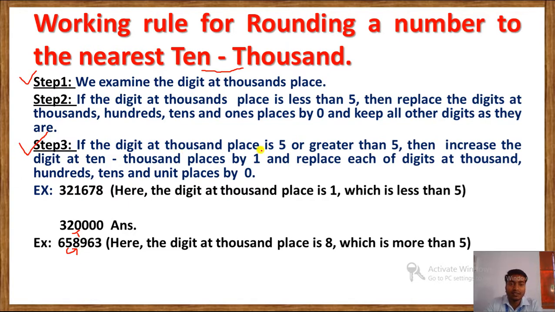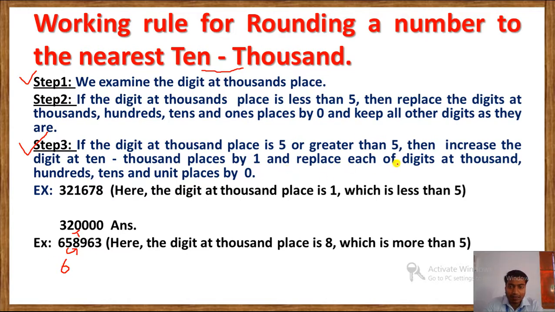If the digit at 1000 place is 5 or greater than 5, then increase the digit at 10,000 place by 1. So this we have to increase by 1, so this will become 6.